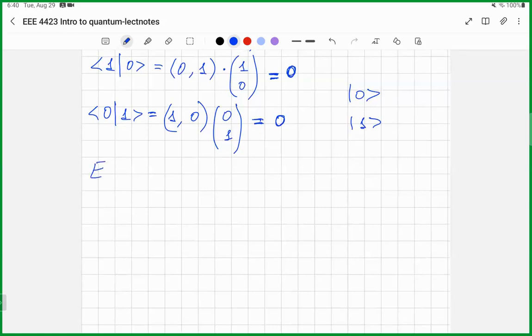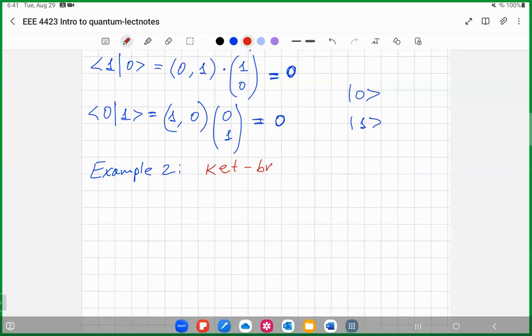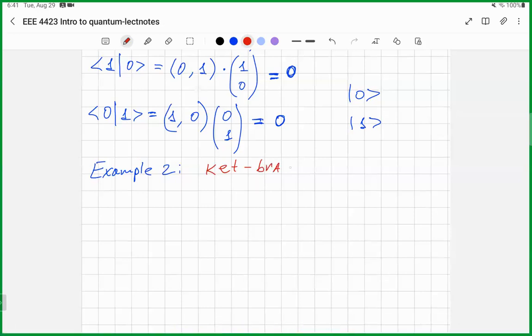But yeah, let's consider another example. Example 2. And this is actually also a pretty important composition. So we considered the bracket composition of two vectors, but we can of course consider the reversed case of cat-bra composition, or cat-bra product.